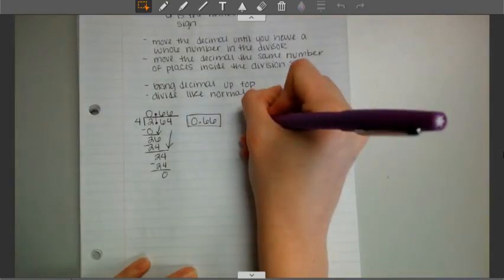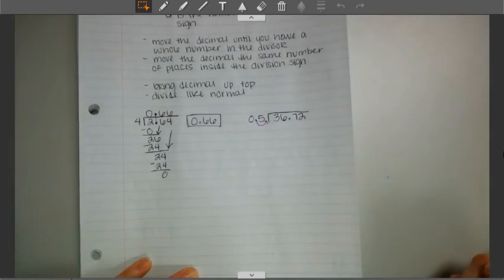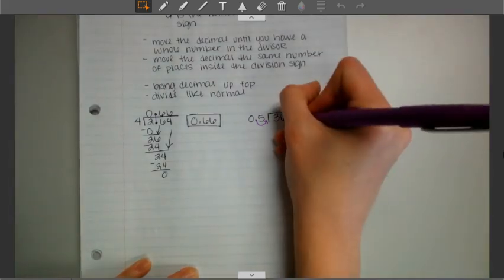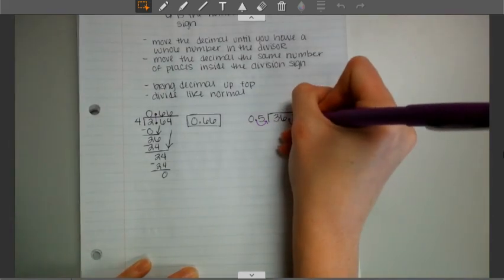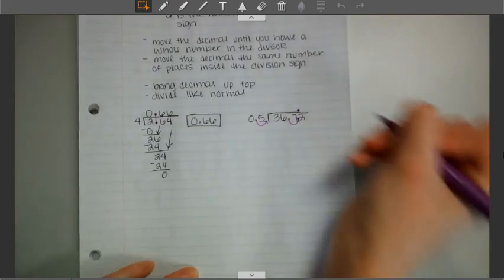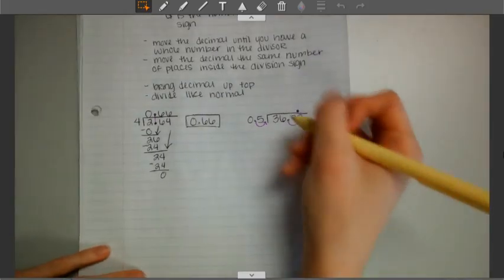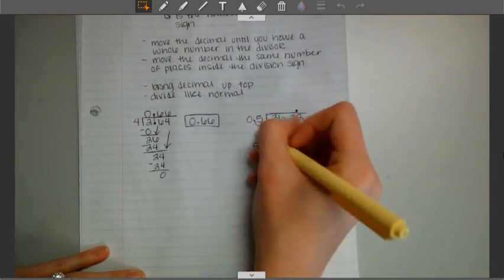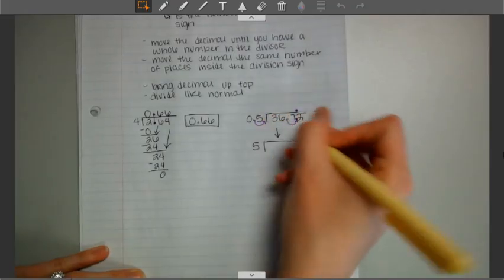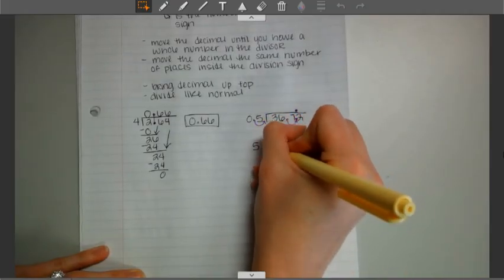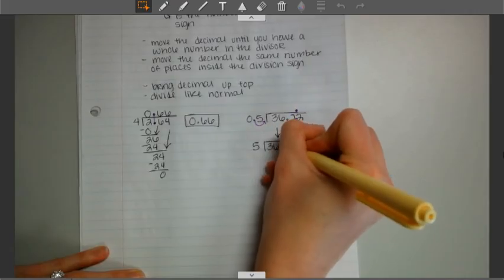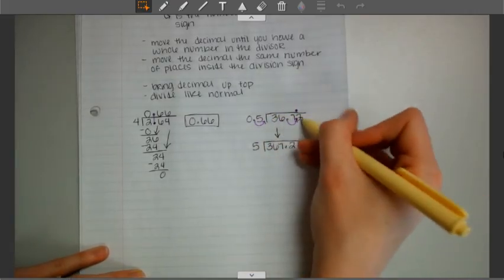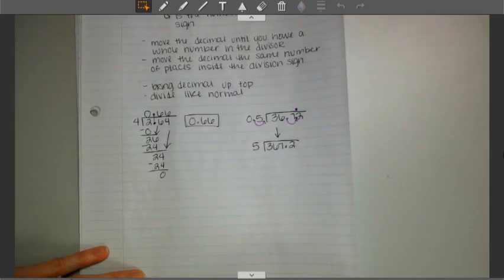So I'm going to move it one place, and bring it up top. After you move it, you bring it up top. Now if I was to rewrite this, this would be 5 because I moved it, and it's going into 367.2 because we move the decimal.